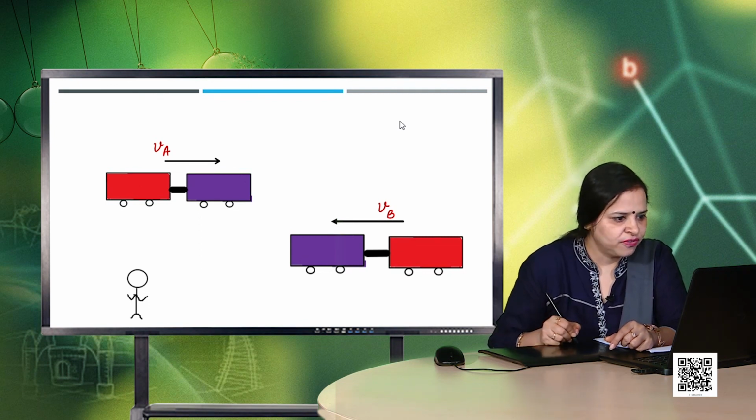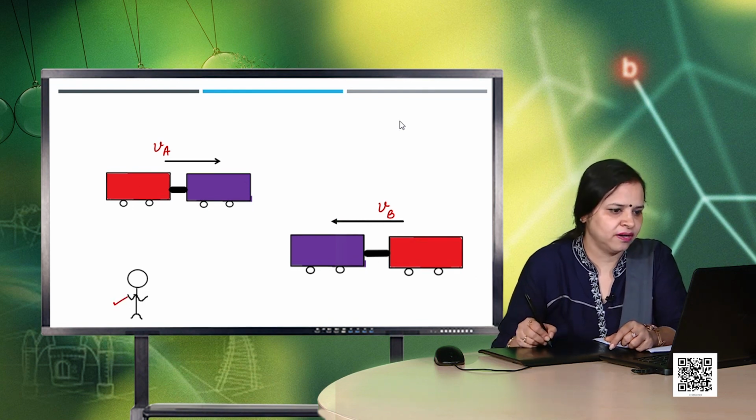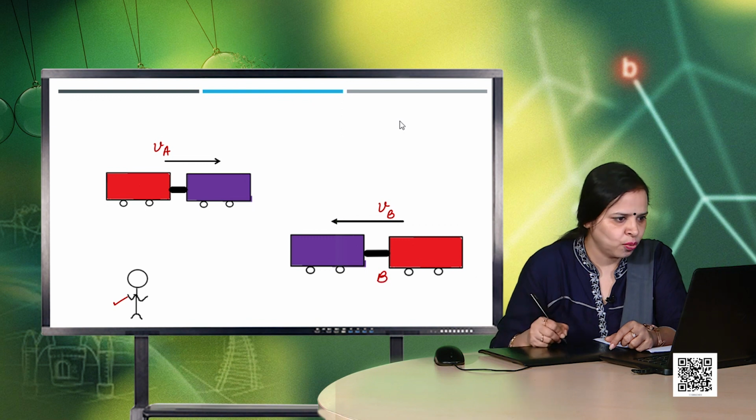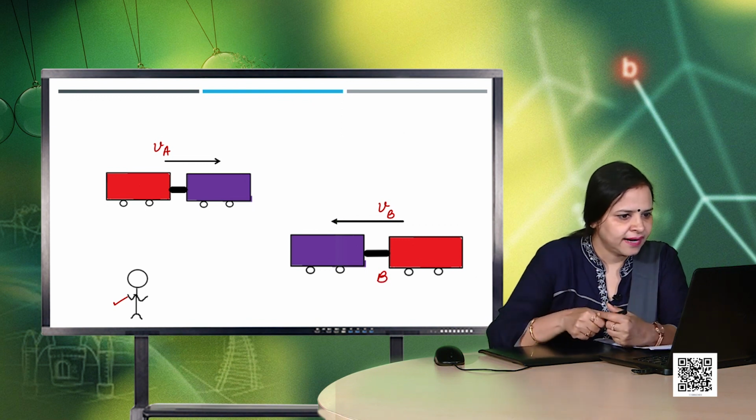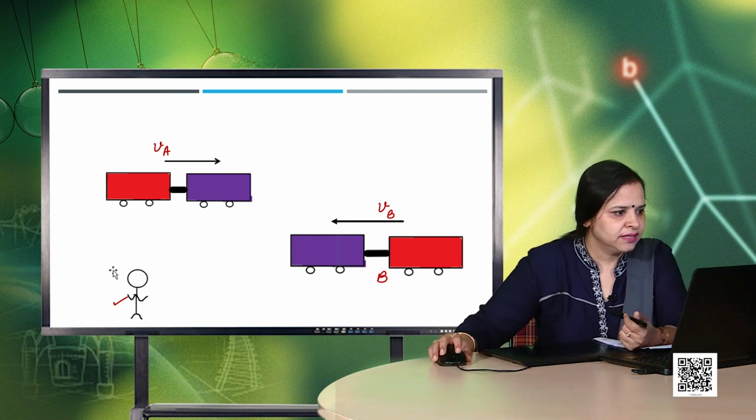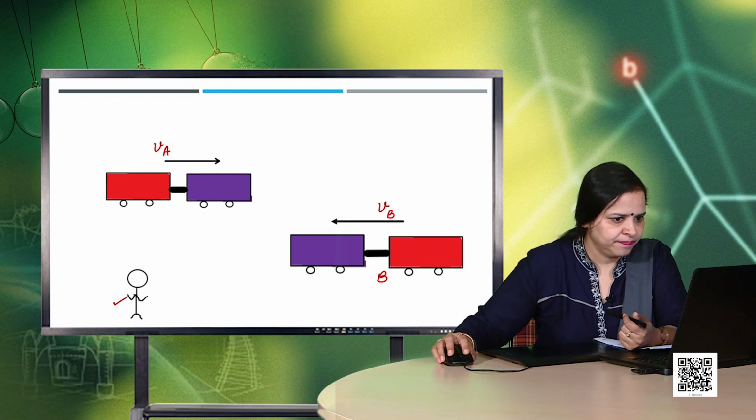Whereas to the observer standing on the ground, it will be the actual velocity with which train B is moving. And that is how we talk about relative velocity.